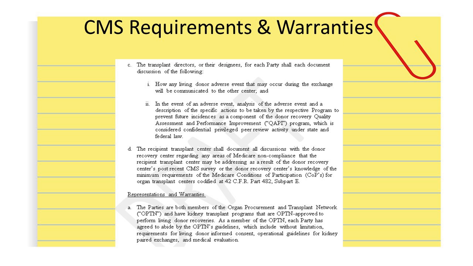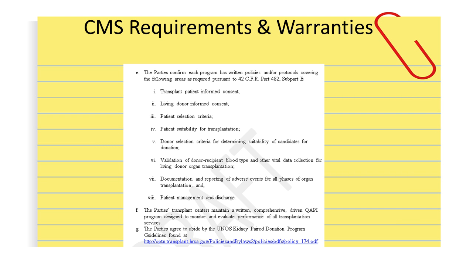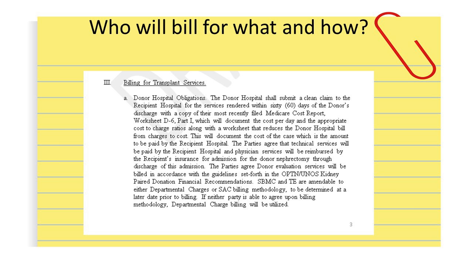Then we talk about the representations and the warranties, which is the legal language to really ensure that we're following Medicare and CMS guidelines. We talk about all the requirements for KPD in terms of informed consent, validation of blood type, etc. Those, again, are part of the UNOS policies. There's going to be a section about how we're going to bill for this. So how does the donor hospital bill the recipient hospital?